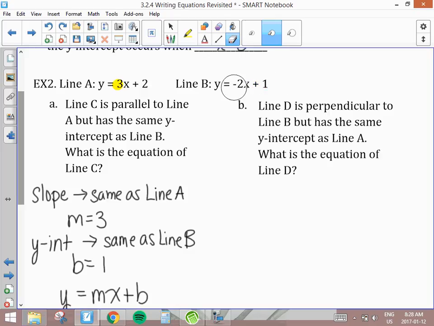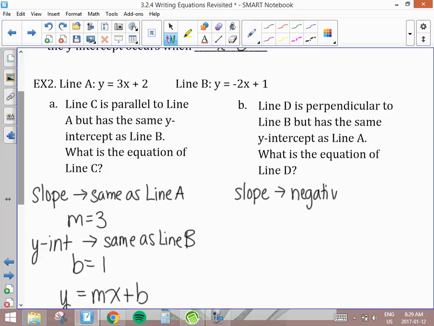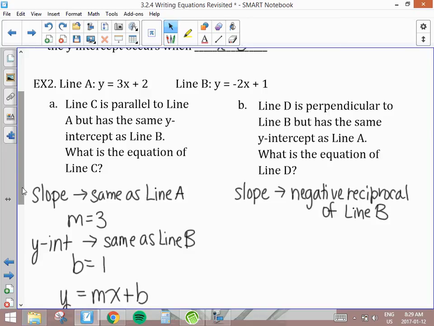The next part of the question asks us to find line D. Now, line D is perpendicular to line B, but has the same y-intercept as line A. So again, we're going to start by finding our slope. I know that it's perpendicular to line B, so it's the negative reciprocal of line B. Line B's slope is negative 2.